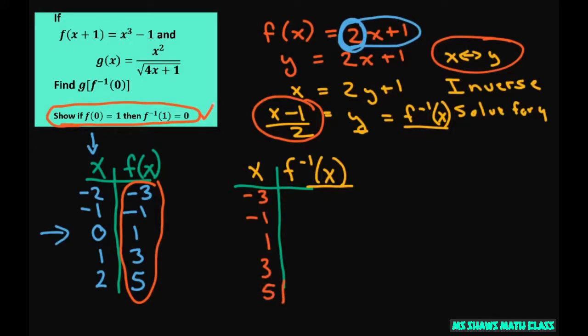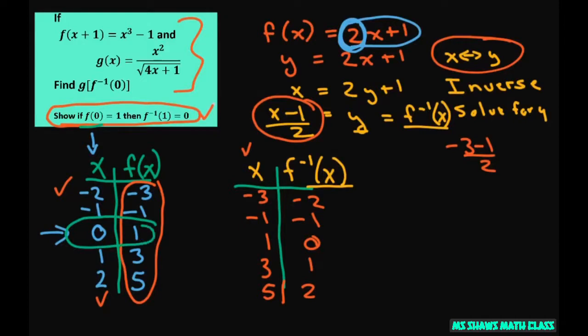Now, when you plug in these numbers, you should get this. So when I plug in -3, I'm going to get -3 minus 1 divided by 2. That gives me -2. So when you plug these numbers in, you're going to get this column. I want to go fast on this part because we're still trying to do this hard problem here. So we're picking this, f of 0 equals 1.